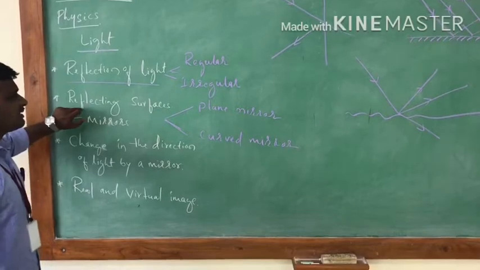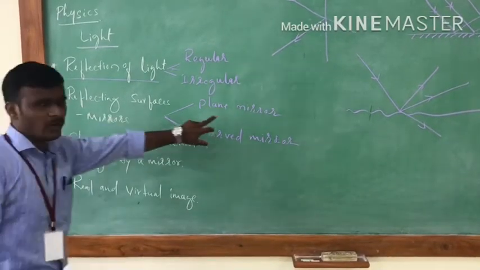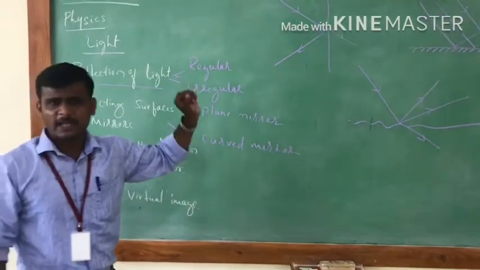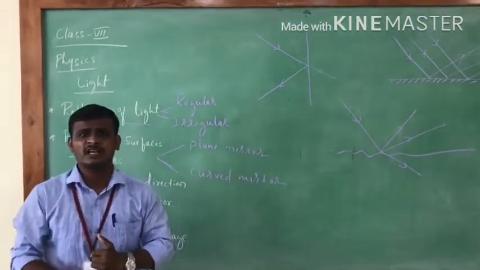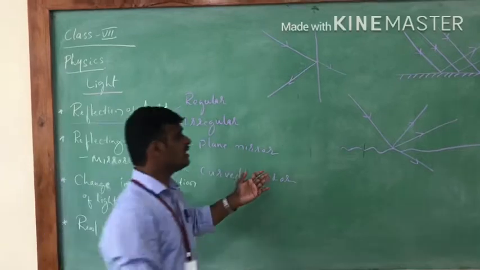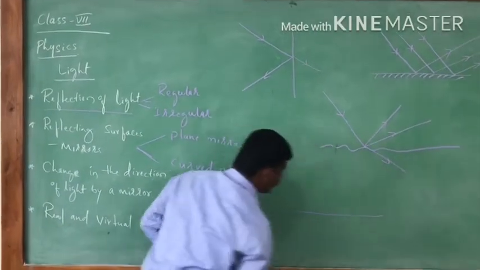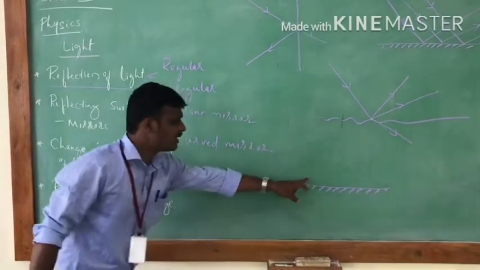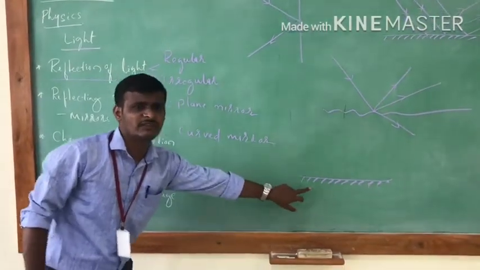So in reflecting surfaces we have two types: plane mirror and curved mirror. A plane mirror is a highly polished and smooth surface. See here.